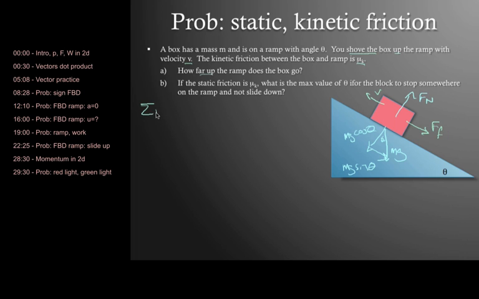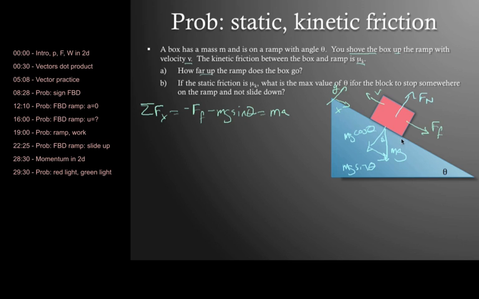So let's go ahead and sum up our forces in the x direction. In my x direction I have nothing, and then I have a minus my frictional force, minus mg sine theta, and this is going to be equal to ma.